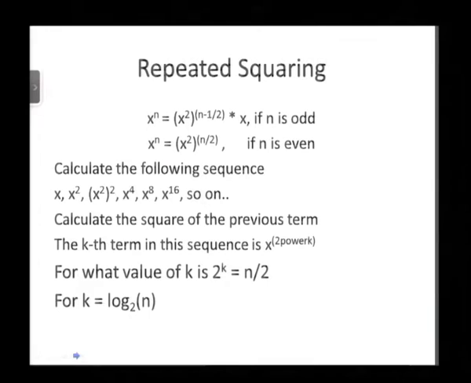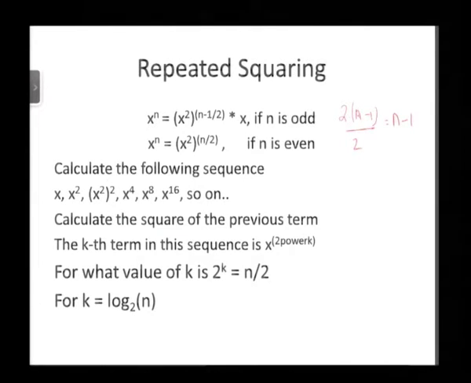It is very easy to do the arithmetic. 2 times n minus 1 by 2 is equal to n minus 1, that is what happens in the exponent, and then there is a multiplication by x.